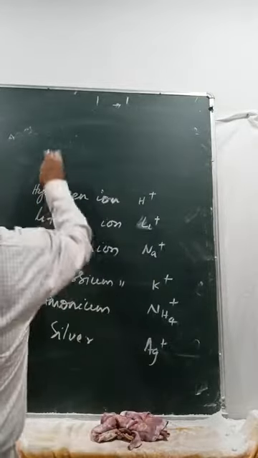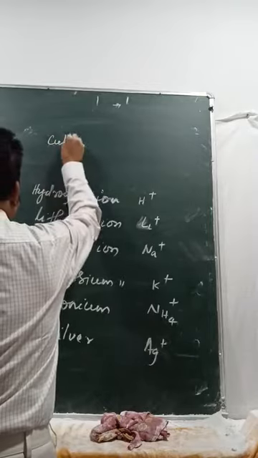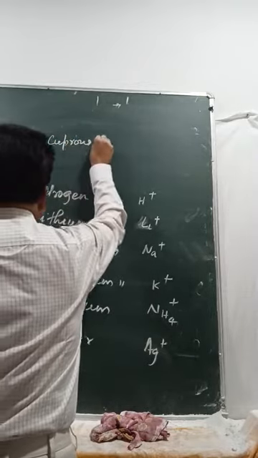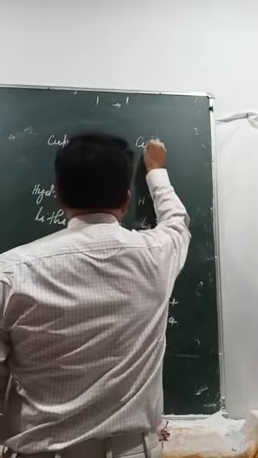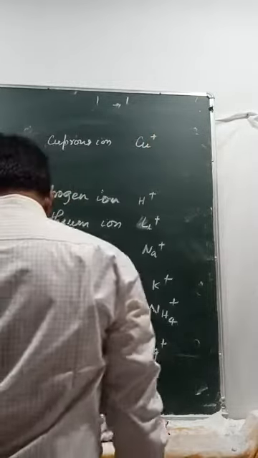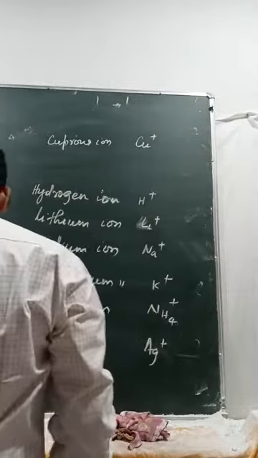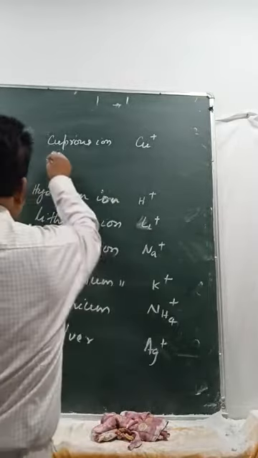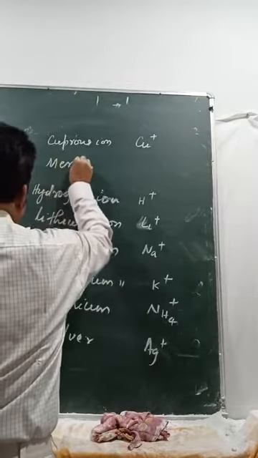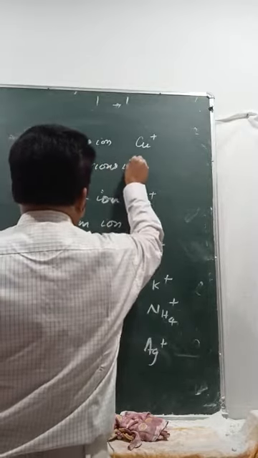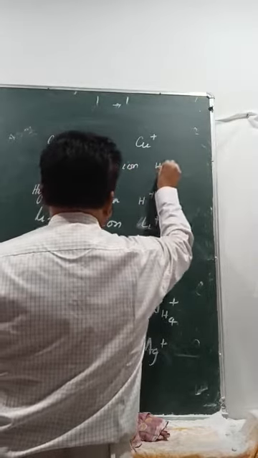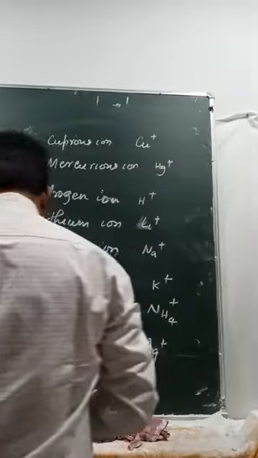Then cuprous ion, that is Cu plus. Then comes mercurous, that is Hg plus. These are the monovalents.